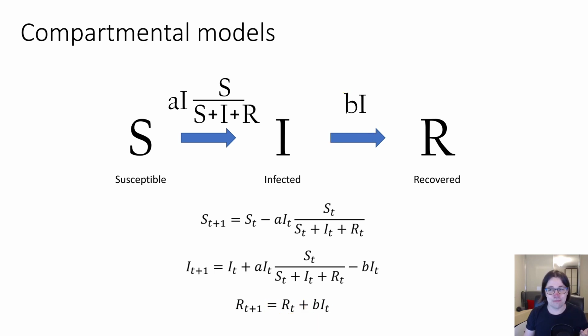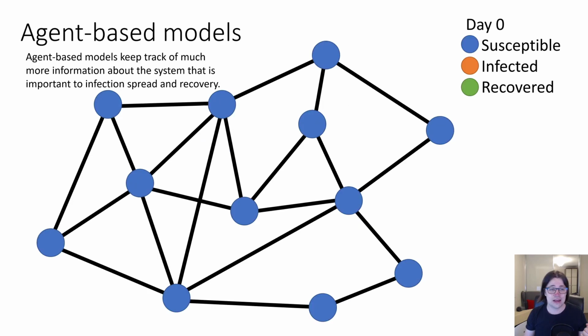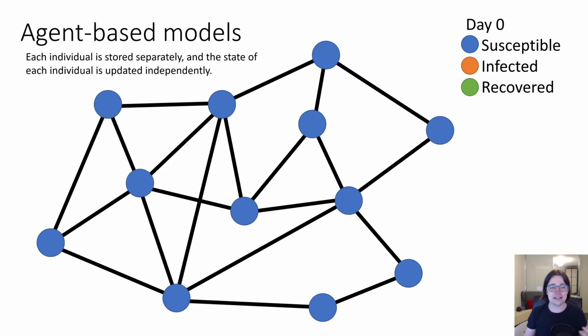The other type of model which is popular, and the one which I like to use the most, is an agent-based model. Agent-based models keep track of much more information about the system that is important to infection spread and recovery. Each individual is stored separately, and the state of each individual is updated independently of the other individuals.